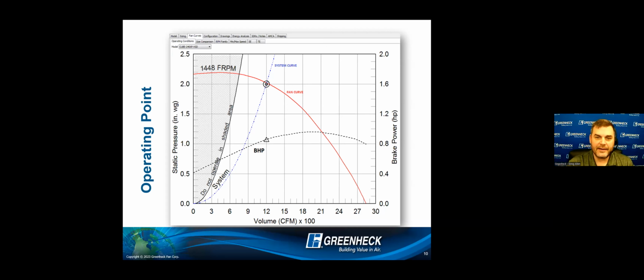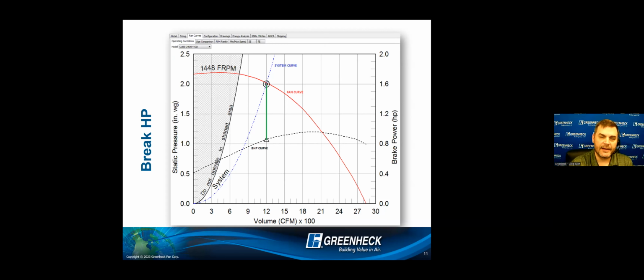I mean, when you look at your volume, you take your operating point, you go straight down. That's the number you're moving for volume. Straight across, that's your system resistance. Well, for brake horsepower, you got to read this curve just slightly differently.